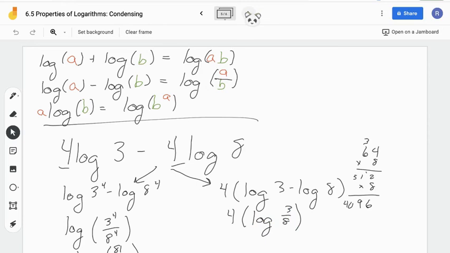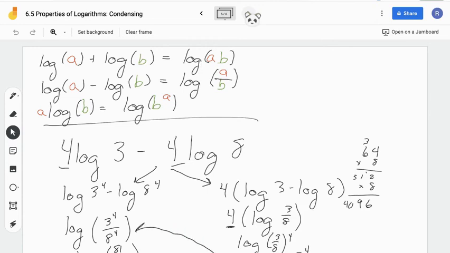And then if we want to get this inside our logarithm, we would have 3/8 to the 4th power. Now notice when we take a fraction to a power, we're going to do that power to each part. And notice that this is the same step as this right here.